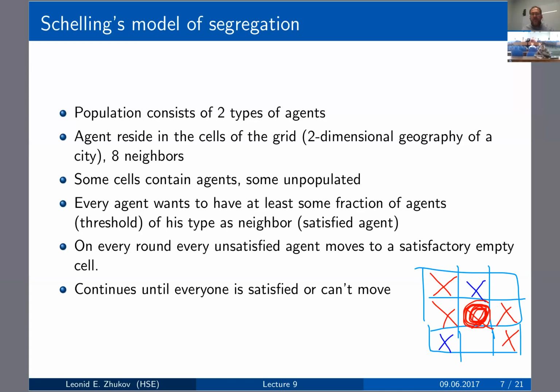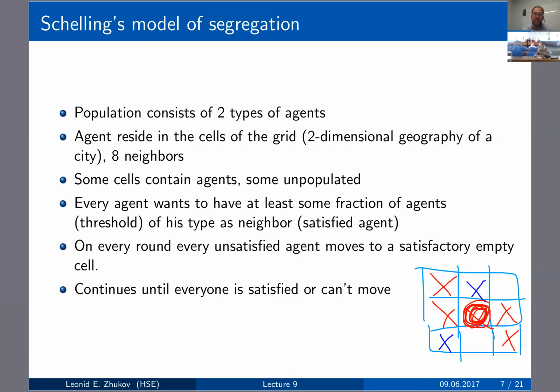And every agent has a preference. He wants to have some of his neighbors of the same type as he is. Okay? And if he does have them of his type, then he's happy, and he just stays there.